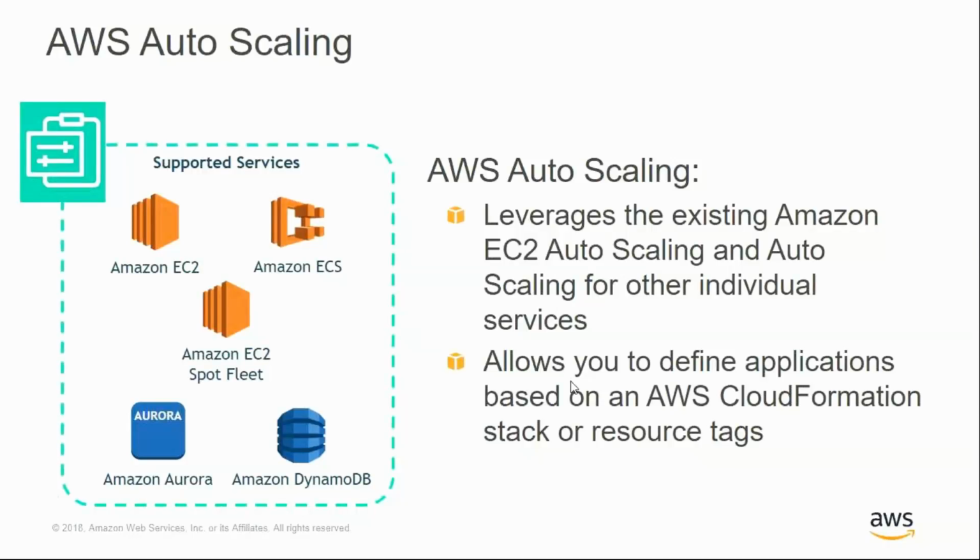It abstracts some of the decision making from the user, making it faster to set up. It also offers visual dashboards, making it easier for users to understand and see the scaling behavior of their resources. You can define your application based on either a CloudFormation stack or based on resource tags, and use AWS Auto Scaling to scale all the resources underlying your application in concert.